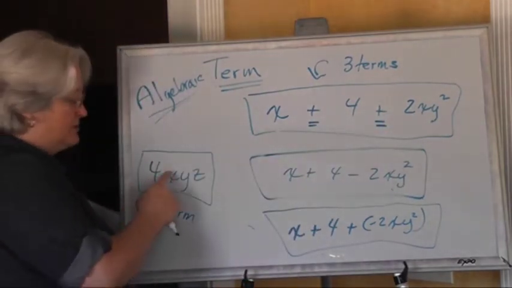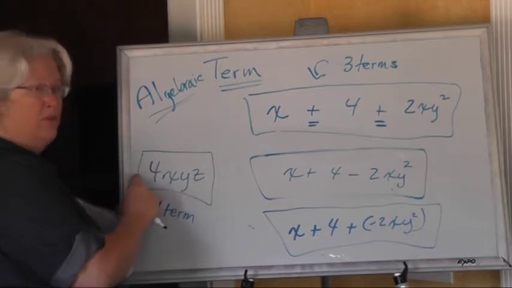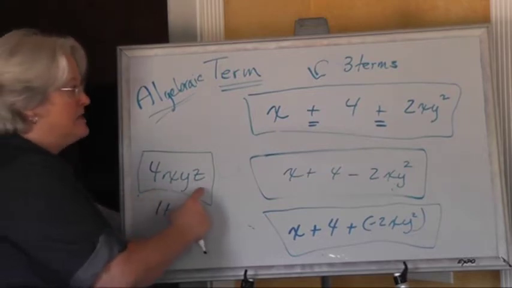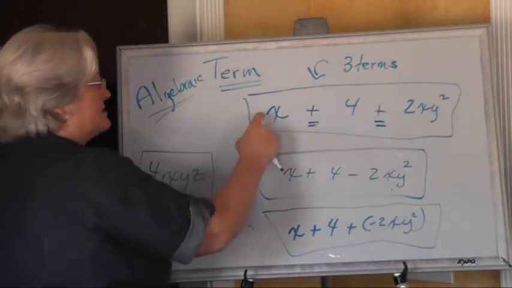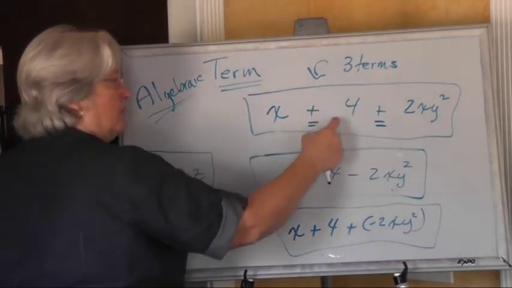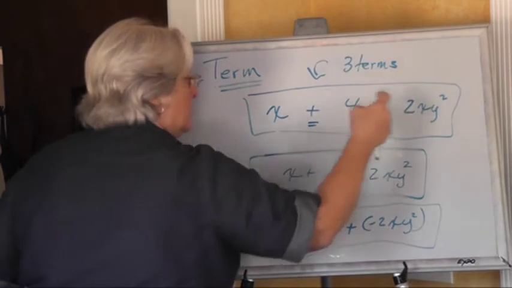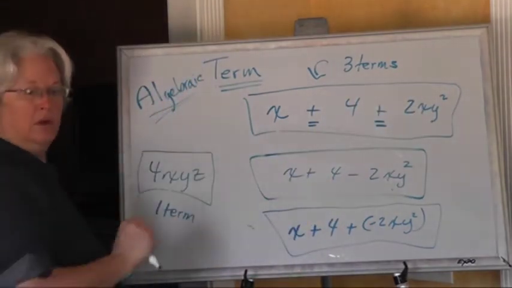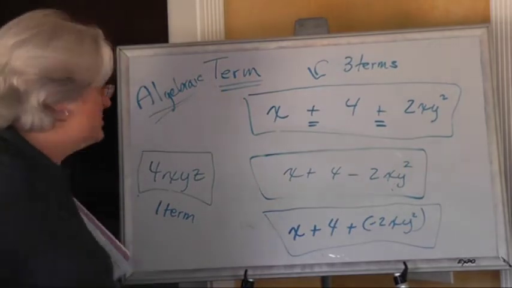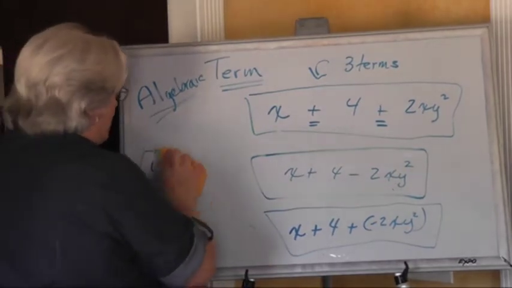One term because it's the product of 4 times x times y times z. 3 terms because it's the sum of x and 4 and 2xy squared. Okay?